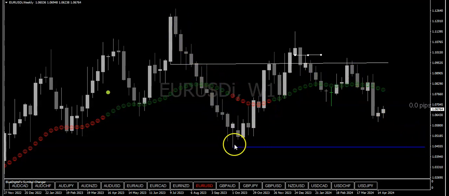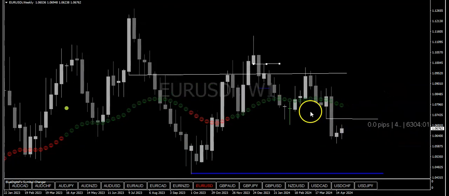Because look, we got this impulse, pullback into it. Now it's starting to drift down. But overall, throughout this weekly time frame, we get these impulses and pullbacks, and that's trends on the lower time frame. So the first place I'm going to target is this candle right here, because guess what? This one already happened, right? Breach, pullback, breach, pullback, all the way down to this area, right?